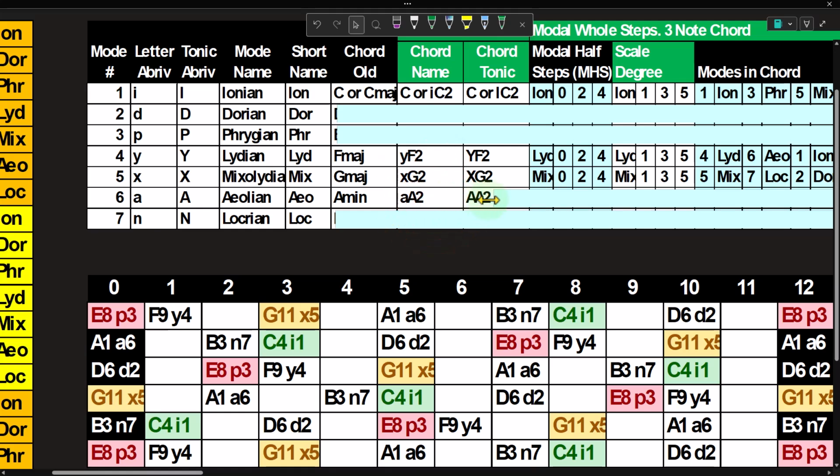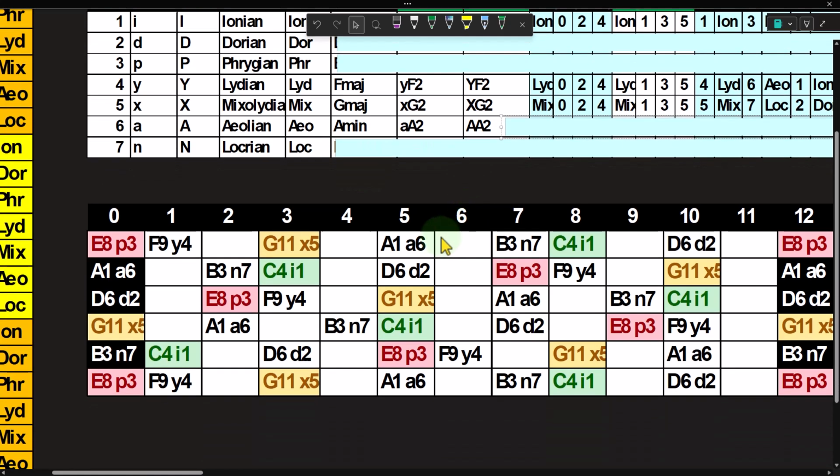And if it was the root, we can make it a capital A. Say that's the tonic. Notice that if I see this, that gives me way more context, because I can say, oh, look, now I'm playing a song that is in the key of Aeolian. So I know that I don't have to change this 6. I can also call it, by the way, from a natural number system, a 6A2, but that wouldn't allow you to tell if it's a tonic or not.